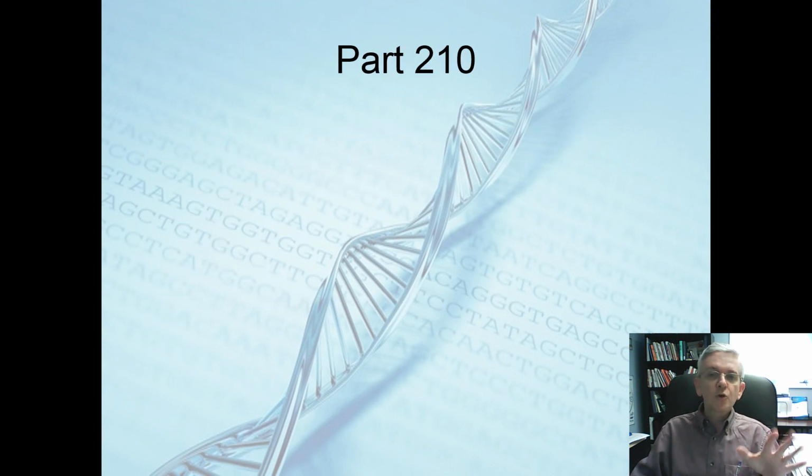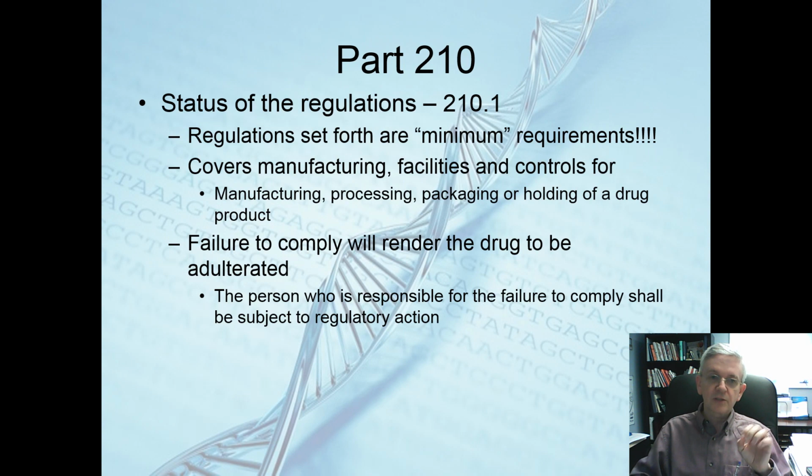So part 210, let's get started with this. This is the beginning of this. It talks about the regulations set forth here being minimum requirements. And I can tell you, if you follow only what's written in the code right now, you will not be in the C of the cGMPs. These have been updated just in practice over many years, and what you see there are minimal requirements.